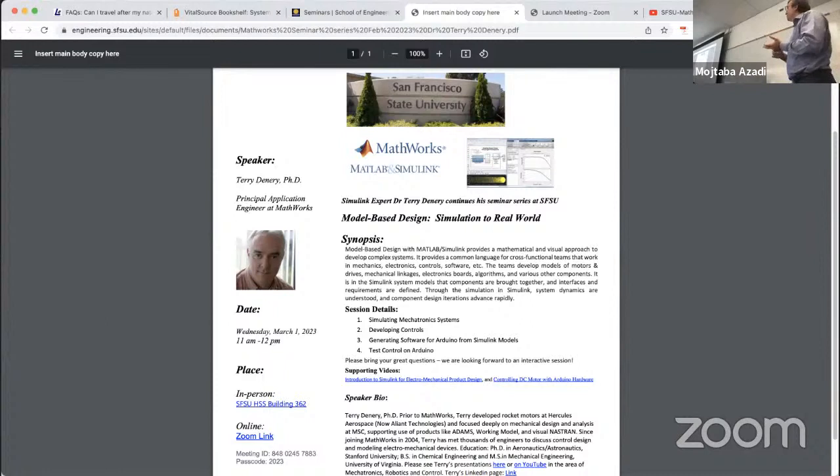We are using Simscape, control toolboxes, and Simulink heavily, and for hardware in the mechatronics, we are using Simulink with the hardware. And today, this excellent seminar is going to show us how to work with Simulink Mathworks with the hardware, do the control, and do the system dynamics as well. So it's a combination of all these materials. We are excited to hear from Terry, and thank you so much, Terry.